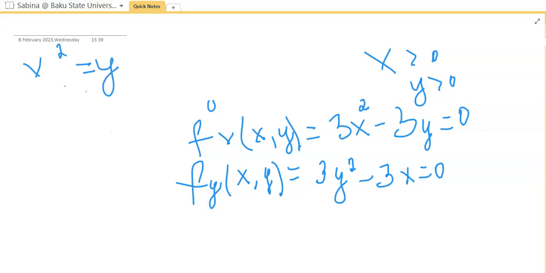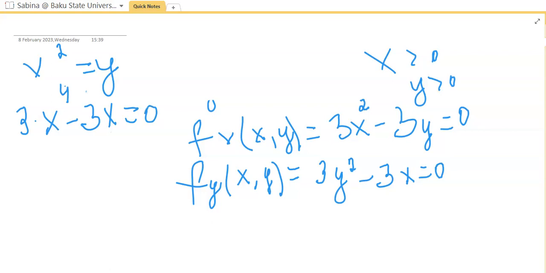And in the second equation, in place of y, I can write x squared, and it will be 3 times x squared squared, which is x to the power 4, minus 3x is equal to 0.